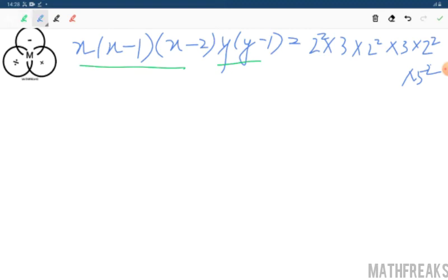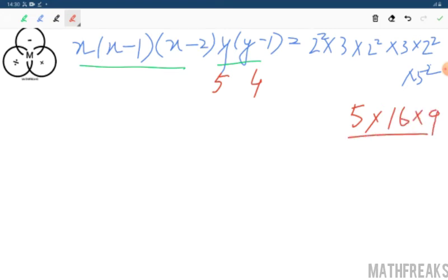Five and 4, suppose this is 5, this is 4. The 5 and 4 case is not possible because we are left with a 5. 4 is gone, and then 16 and 9.